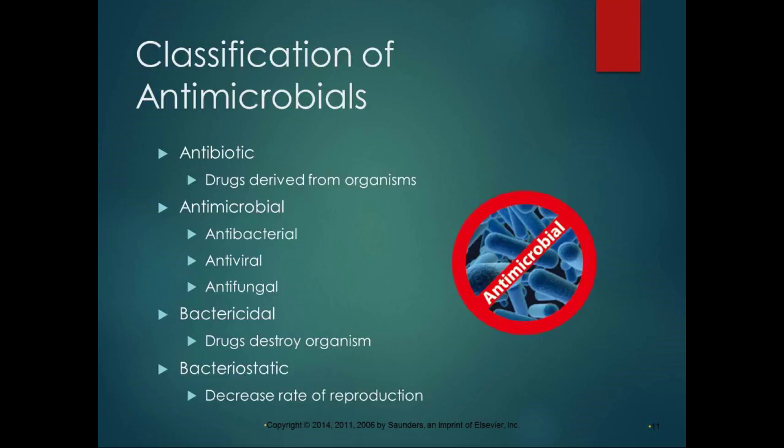Antimicrobial drugs, that includes antibacterial, antiviral, antifungal, are usually species specific. Bactericidal drugs actually destroy the organisms. Bacteriostatic drugs inhibit reproduction or rely on the host defenses to destroy the organisms. So they can have different actions.